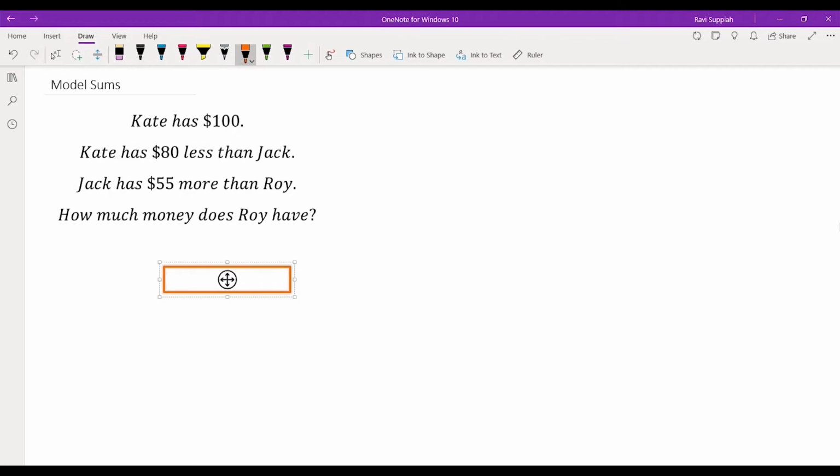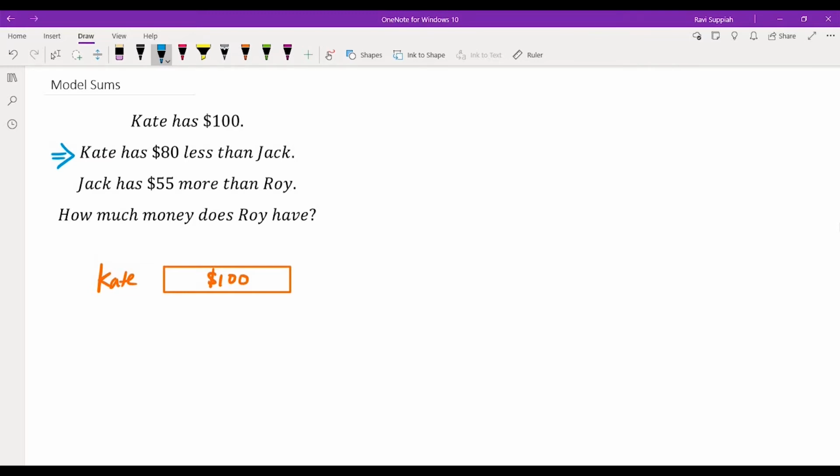Okay. So I'm going to put a label here. This is for Kate. And I put the amount here as $100. Now in the second sentence, we are told that Kate has $80 less than Jack. Now, in some cases, we need to take the information and try to represent it in the reverse way of thinking.